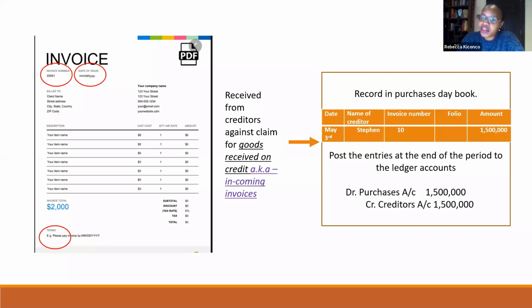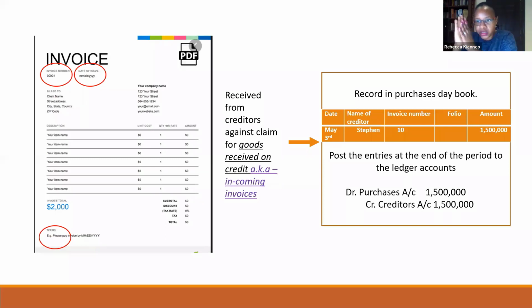There could be also other people, maybe on the 5th of May, on the 10th of May, on the 25th of May, and then on the 28th of May, and then we draw up a total. We transfer that total to the ledger by a process called posting. So we post this total to the ledger account or the ledger page.